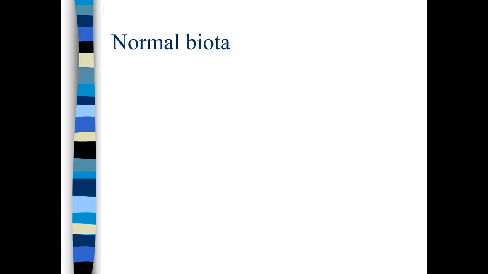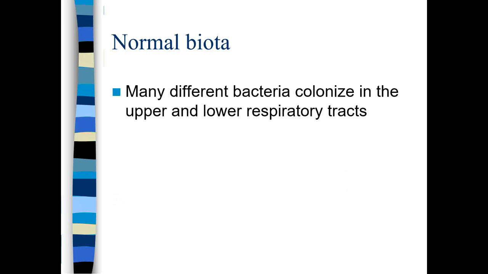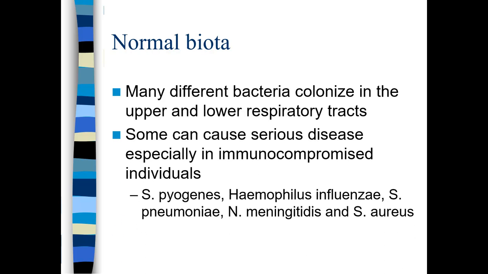Okay, your normal biota. You have a lot of different bacteria. This is not a sterile system, so you'll find bacteria in the upper and the lower respiratory tract. And these resident biota are important to monitor in compromised individuals because they can still cause disease.